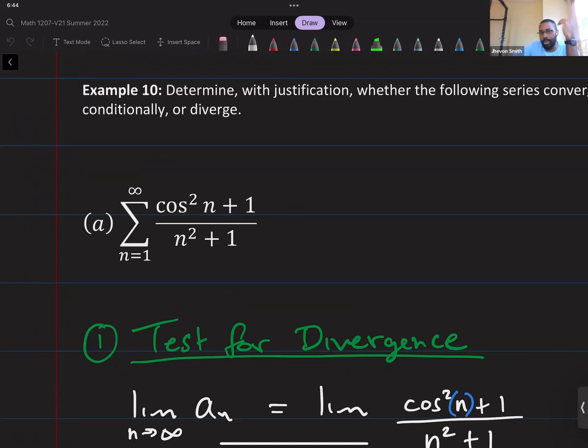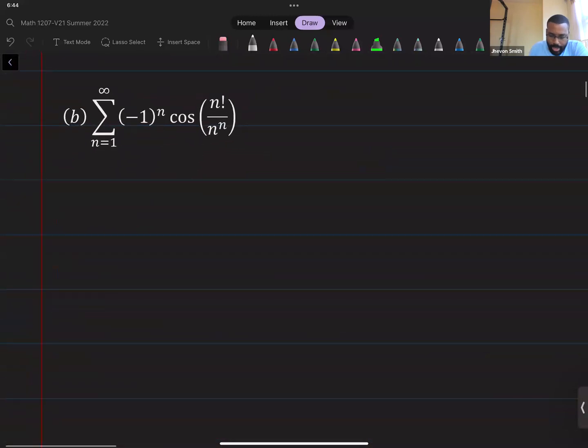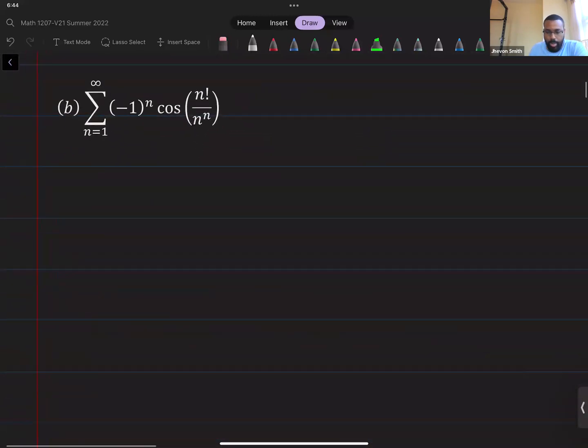The minimum this is going to be is 1 over n squared plus 1. It'll never be worse than that. So technically, with absolute values or without, it didn't matter. If this guy converged, it would be absolute by default, just by the nature of the terms we're seeing here. But it wasn't necessary to realize that to begin with.